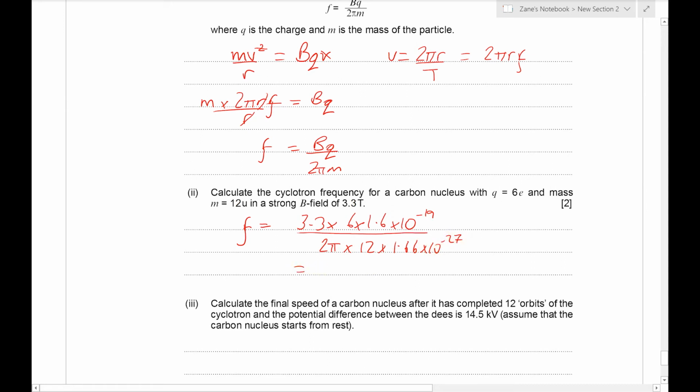Substituting those numbers into a calculator gives you an answer of about 25.3 megahertz, or 25.3 times 10 to the 6 hertz if you like.